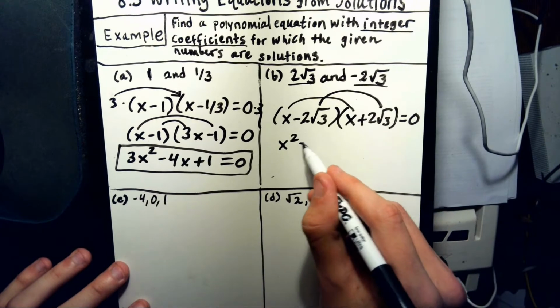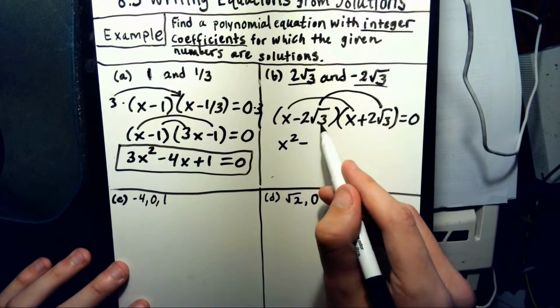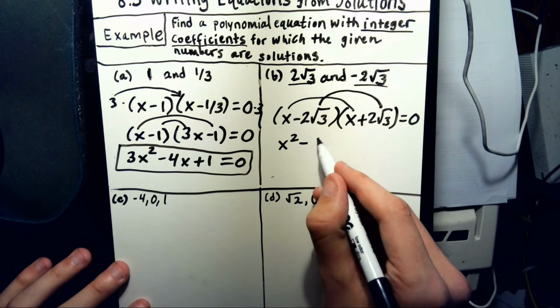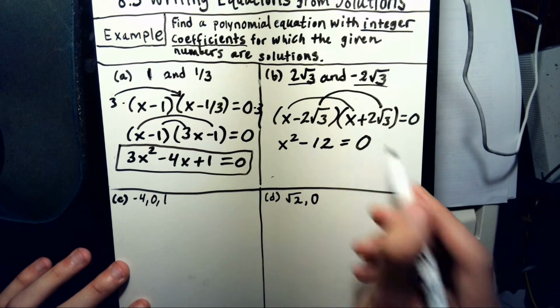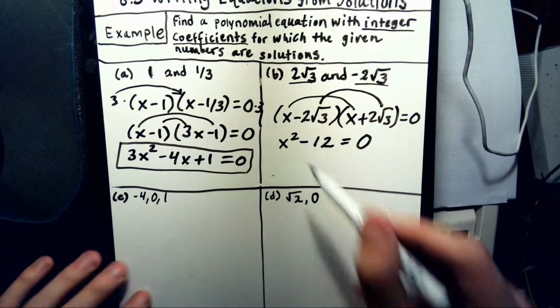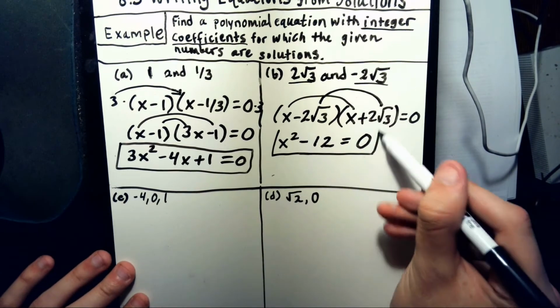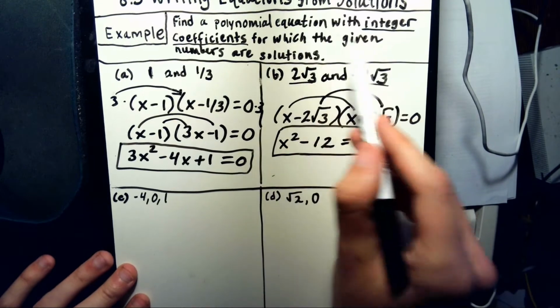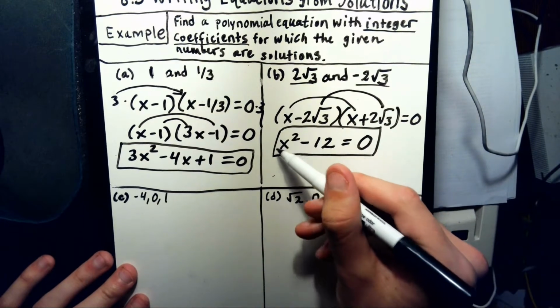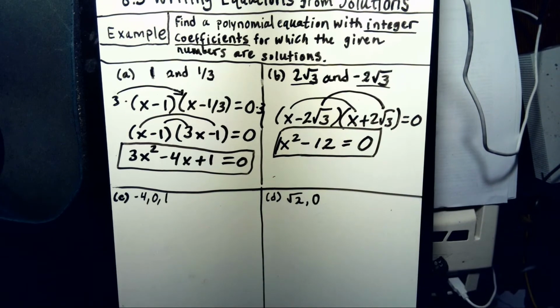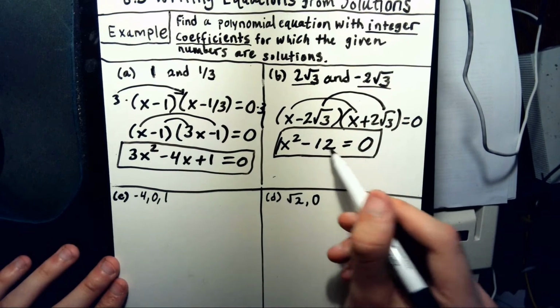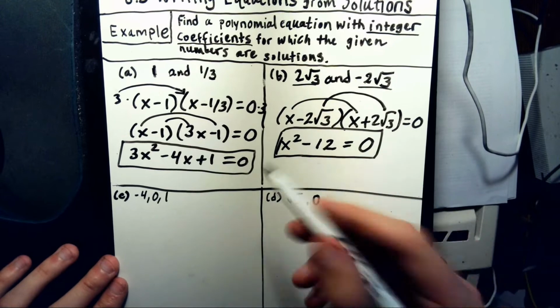That's going to give us minus 4 times 3, which is 12. That equals 0. And voila, we're actually good now because this is a polynomial equation and it has integer coefficients. The leading coefficient's a 1. For emphasis, I'll put it there. And the other coefficient's minus 12. So, of course, those are integers.